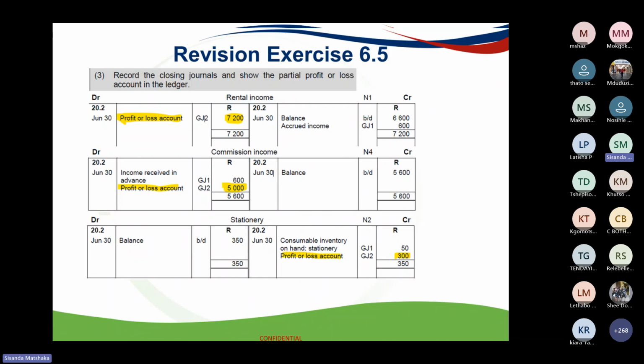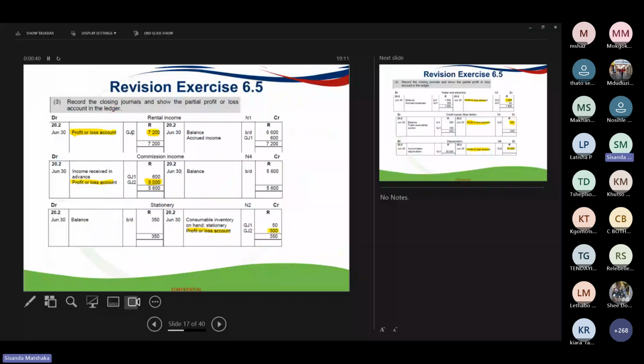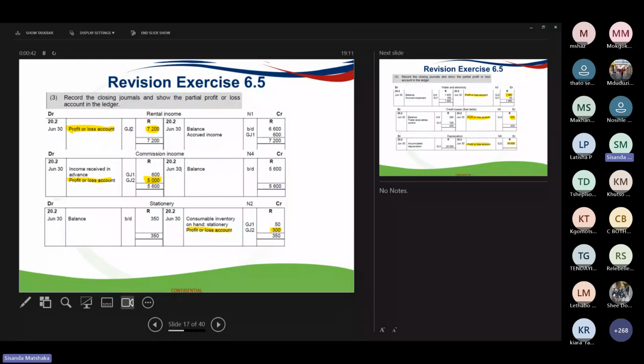The profit and loss account will only impact your nominal accounts, or your income statement accounts, which will typically be your expenses and your income, right? If you look at this first one here, the rental income account, because it's an income account, the balance grows on the credit side, right?